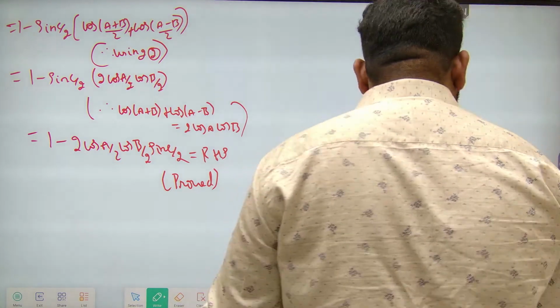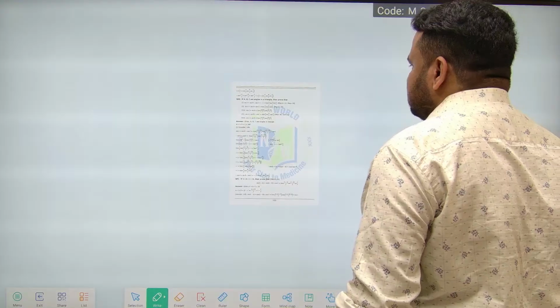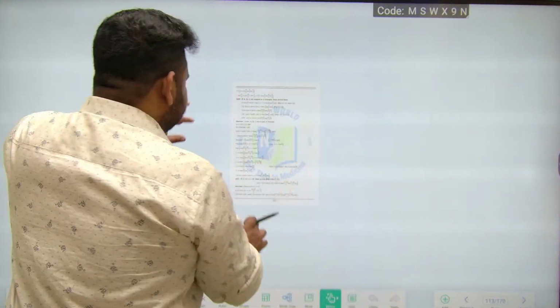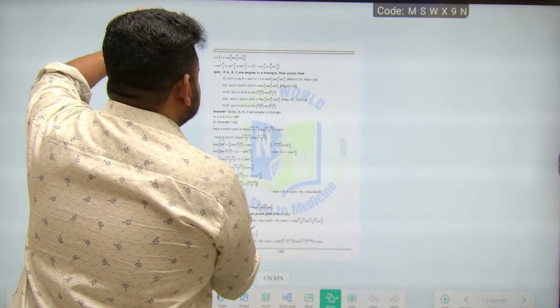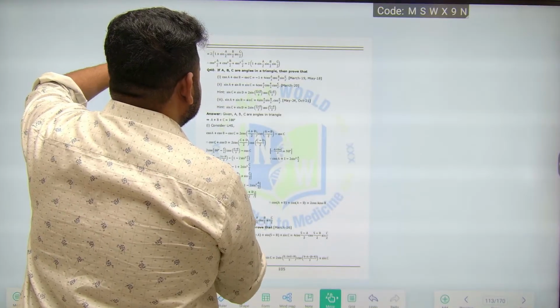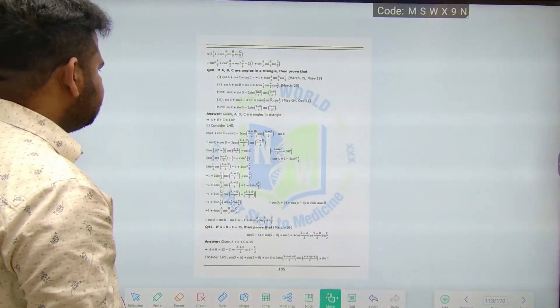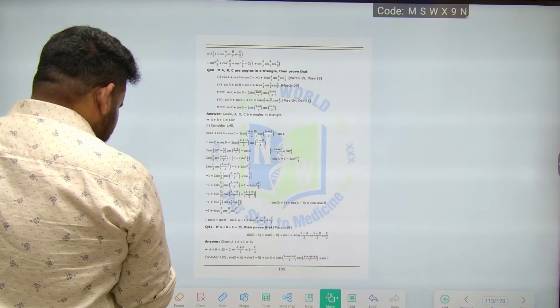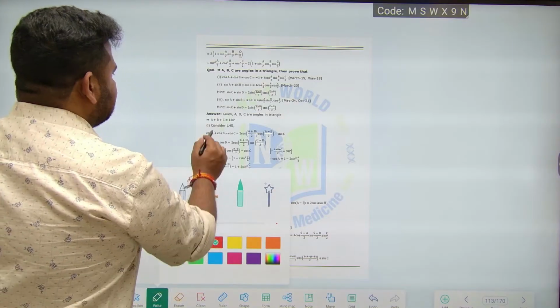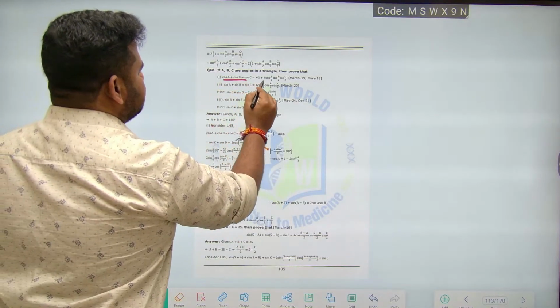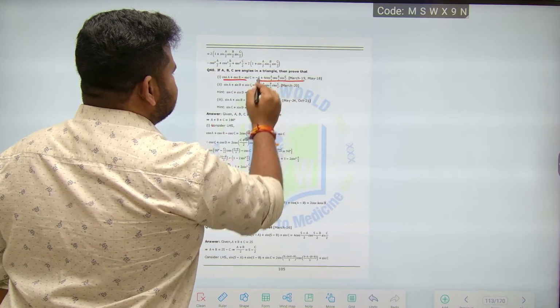Now let us go to one more question that is very important. See here, the sub-question: cos A plus cos B minus cos C, this is what we have to prove.